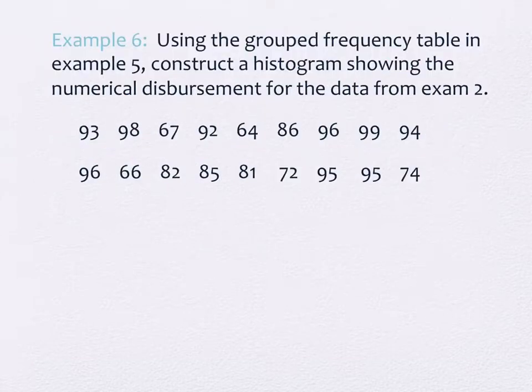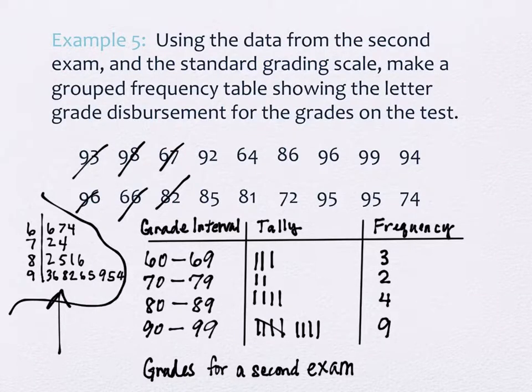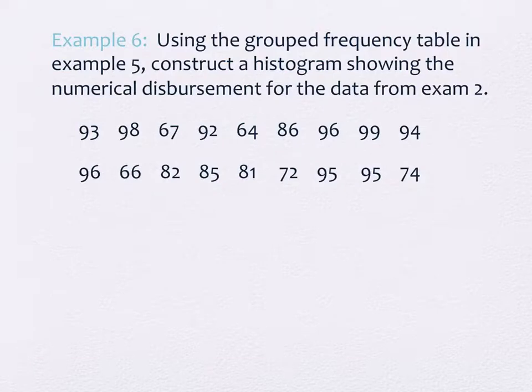So we have our same data set we just worked with, which corresponds to this frequency diagram as well. So this grouped frequency table is a good reference point for being able to draw our histogram. Our histogram needs to start at 60 and go up to 99 or 100, whichever you want to use. It doesn't really matter. We need to have the widths look approximately equal.